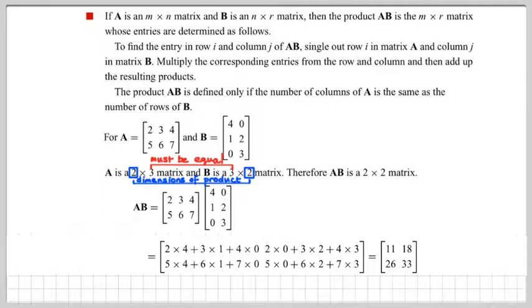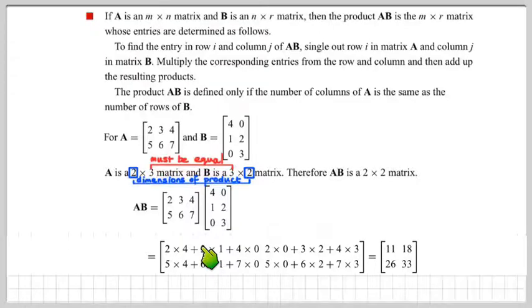Okay? Now, so what do you do? Well, say this is row 1, you multiply the entries in row 1 by the entries in column 1. So it'll be 2 times 4 plus 3 times 1 plus 4 times 0. That gets you the entry at row 1, column 1 in the new matrix.